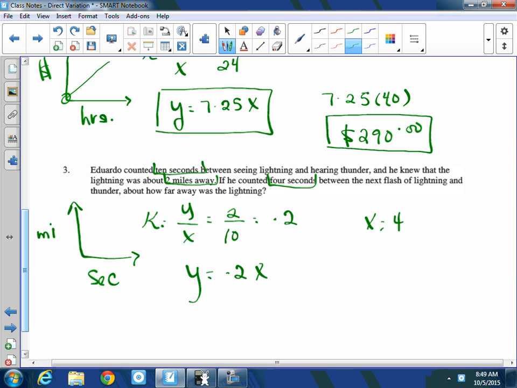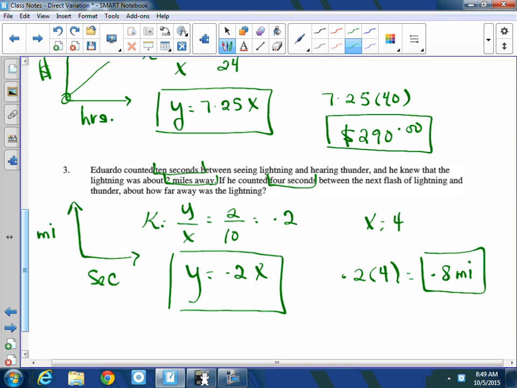He needs to get out of there, he might get struck by lightning. So that would be 0.2 times 4, which is 0.8 miles away. So less than a mile away, and that's my equation.